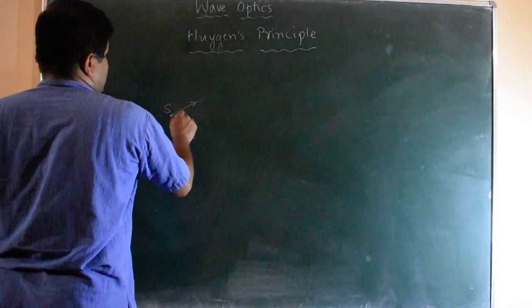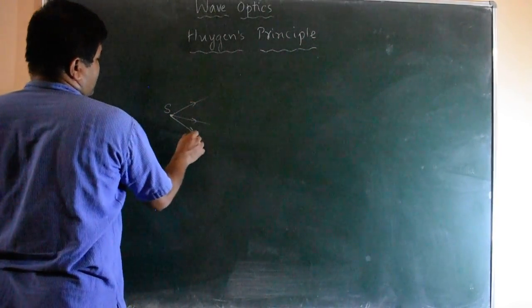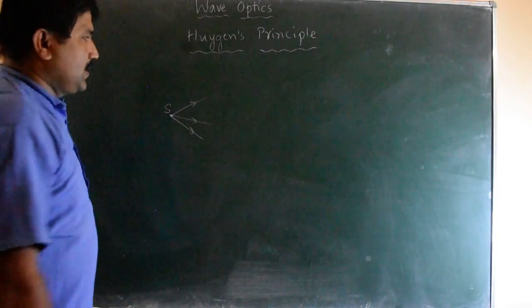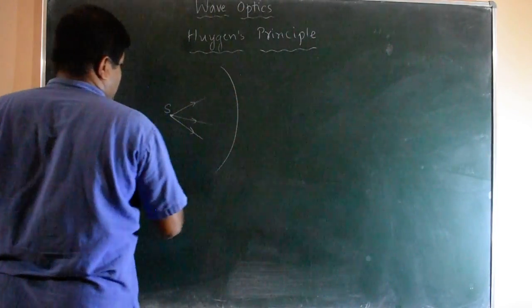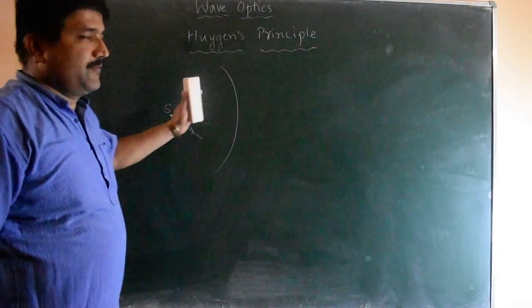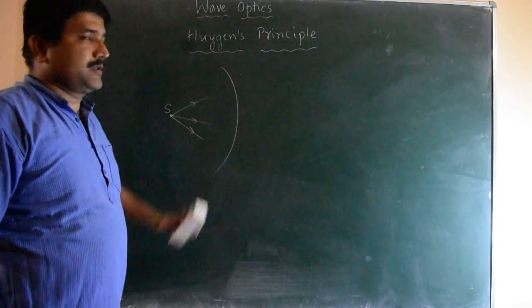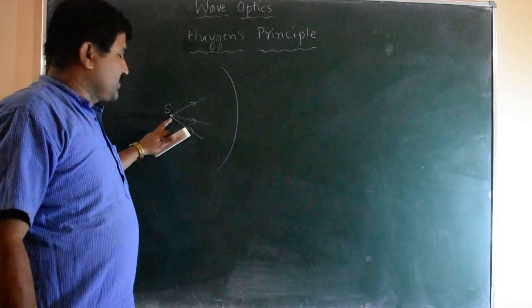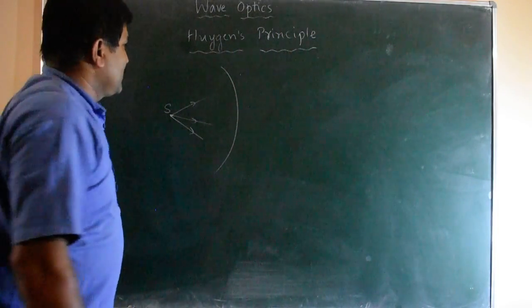So, the light goes in the form of waves. According to Huygens, it is in the form of longitudinal waves. Now, let this be the primary wavefront or the initial wavefront at any time t after the source is on.